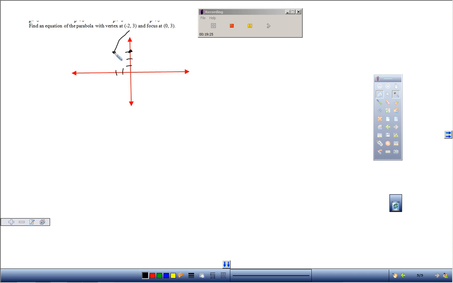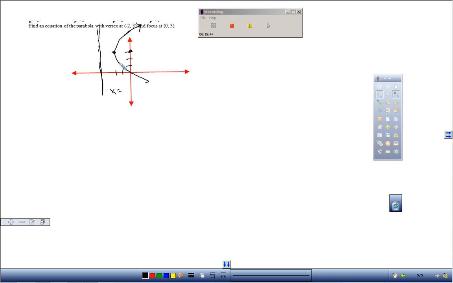Because the focus is always inside the curve of the parabola, and the directrix is out here, right?